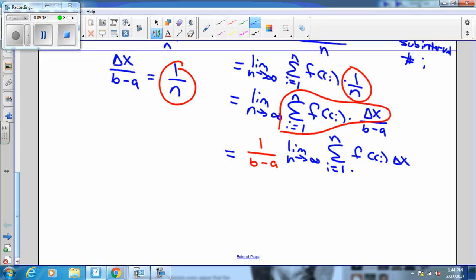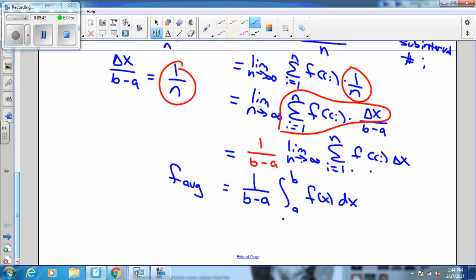And this is exactly the limit of a Riemann sum, which is a definite integral. This is exactly the same as 1 over b minus a times the integral from a to b of f of x dx. And that is our average value.